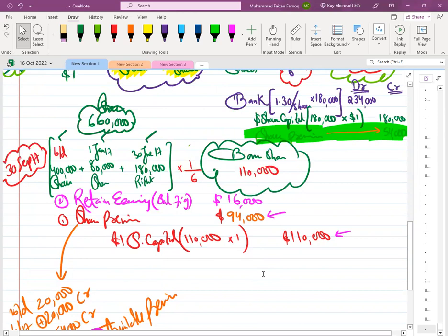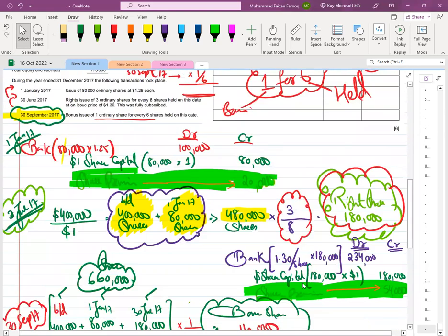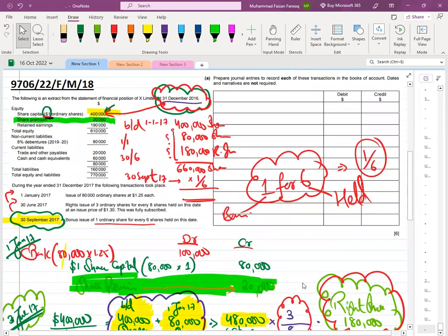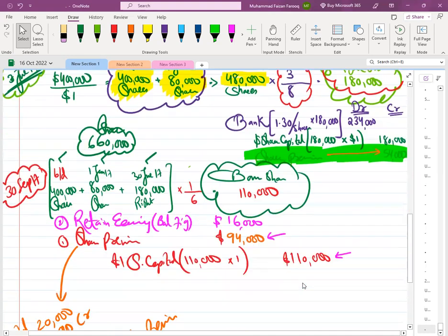Share capital at par value 110,000 gone, credit. Share premium, we have to find out how much premium do we have. So we checked. In the opening, 20,000 was there. We had one entry in which it's credited and increased by 20. So 20, 20, 40. One more entry is credited, means increased by 54. So 20, 20 and 54.